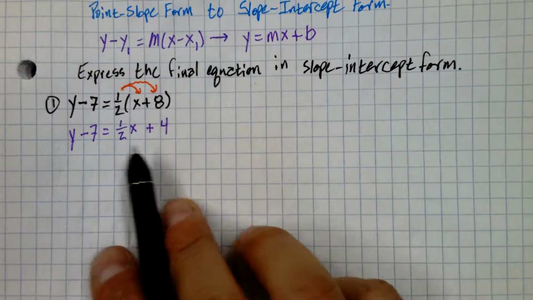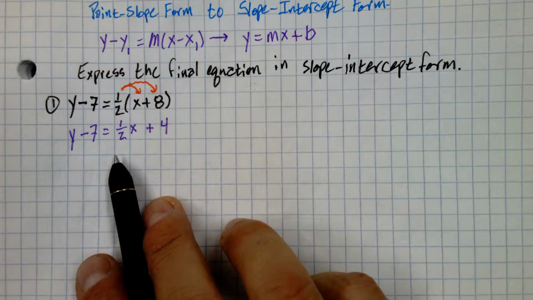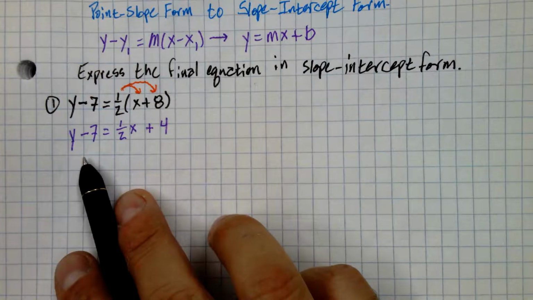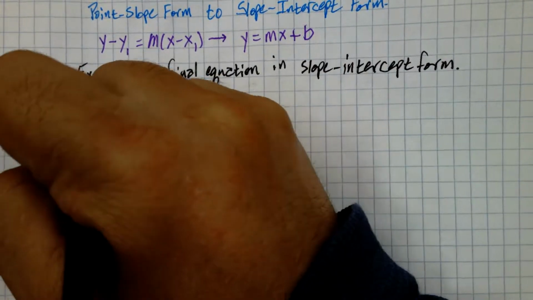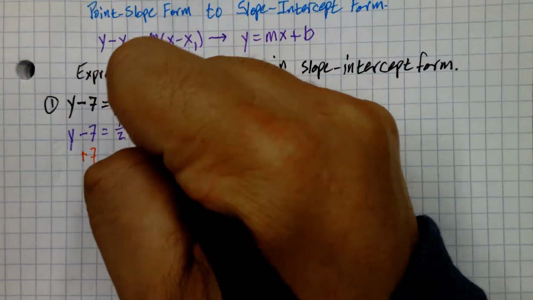We have everything we need here. Like, for example, I already know the slope. The slope is 1/2, obviously. But I can't have the minus 7 there. We got to get rid of it. So what do I have to do? Add it. Remember doing that on both sides because it is a transformation.